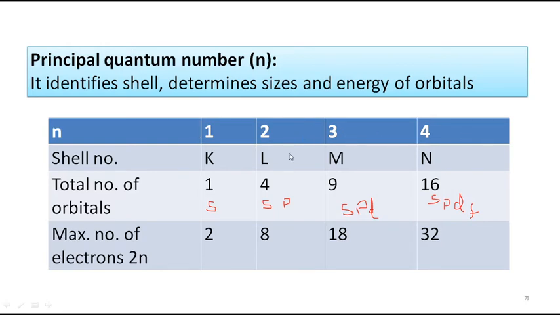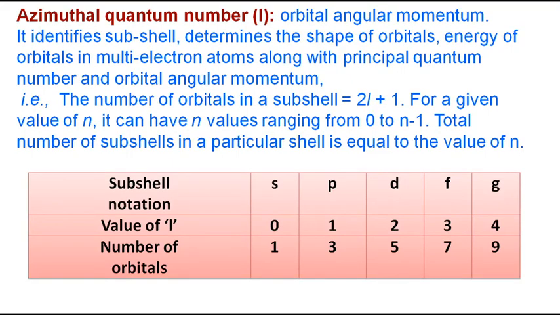They are real numbers. They specify the shell. If I say 1s, the size of the orbital you can identify. 1s means it is very near to the nucleus. 4s means it is away from the nucleus. So you can understand the size, and the energy also, from the principal quantum number.